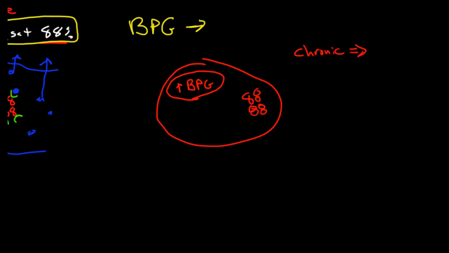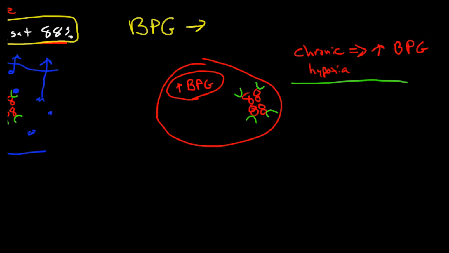Chronic hypoxia causes the red blood cells to create more BPG. And again, more BPG is going to cause looser binding in the hemoglobin, so that again the oxygen saturations are going to look worse on the arterial end, but the oxygen delivery to tissue is going to be much better.